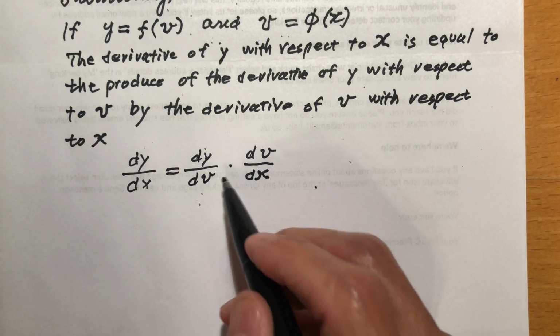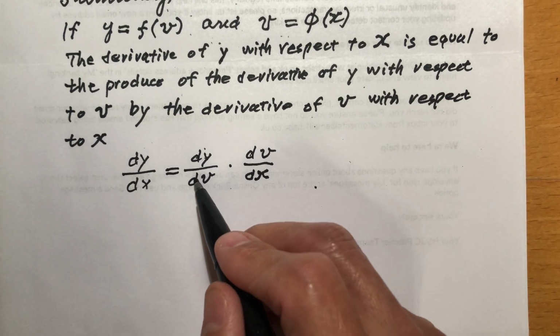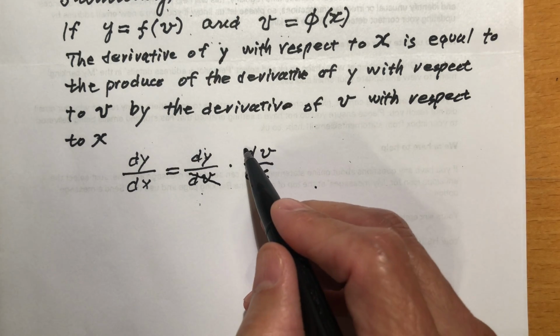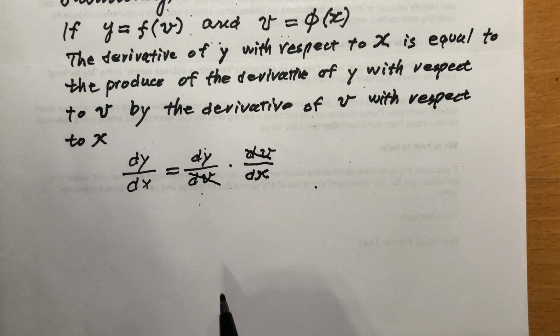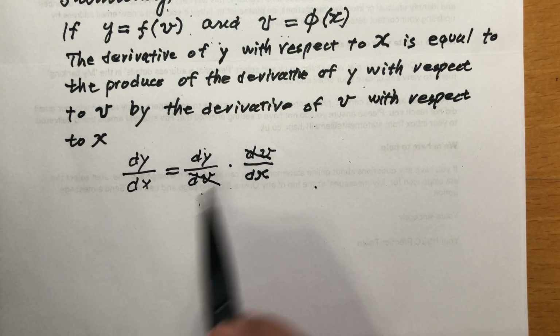So let's suppose it is a fraction, then you cancel dv and dv, then you get dy by dx. This is how you remember the chain rule in a very simple way.